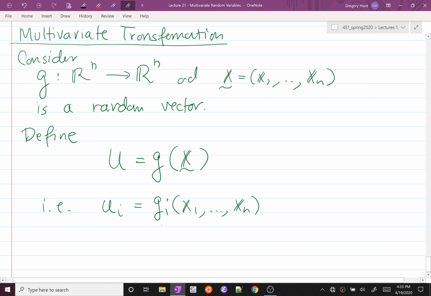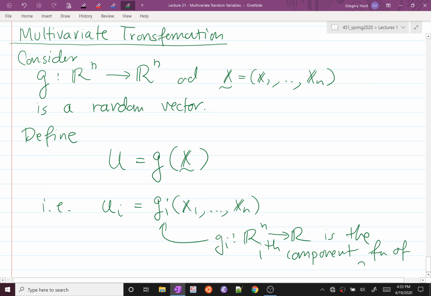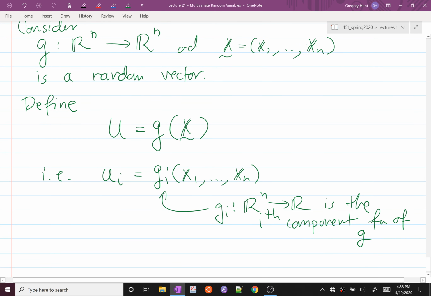So here g_i is a function from R^n to R, the ith component function of the whole transformation g. But overall, what we're doing is transforming from an n-dimensional random vector to another n-dimensional random vector.